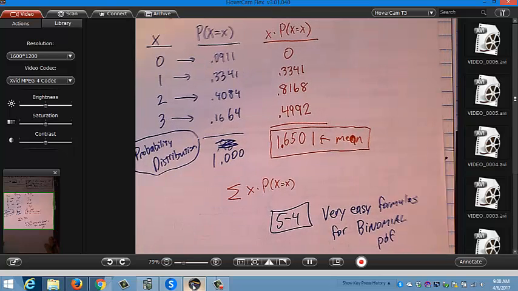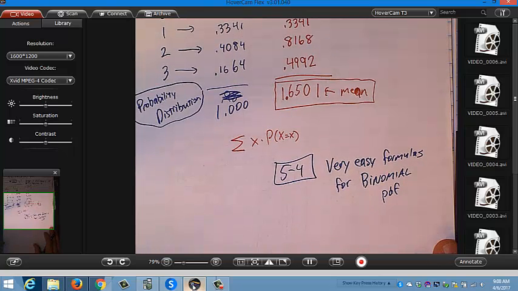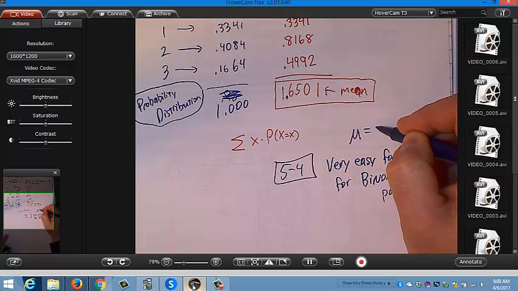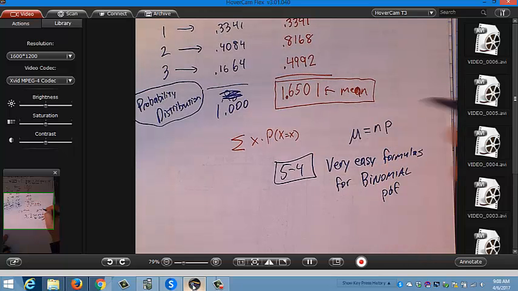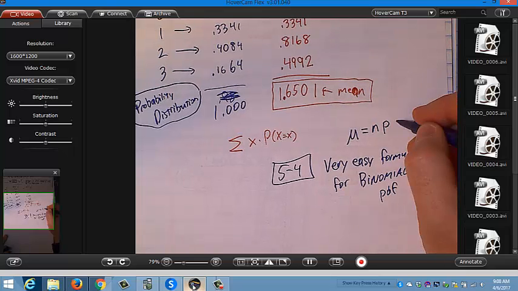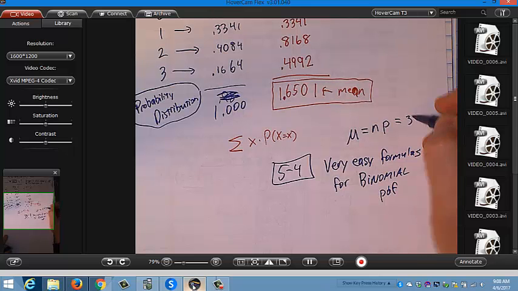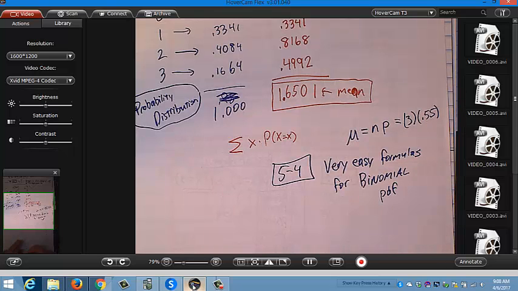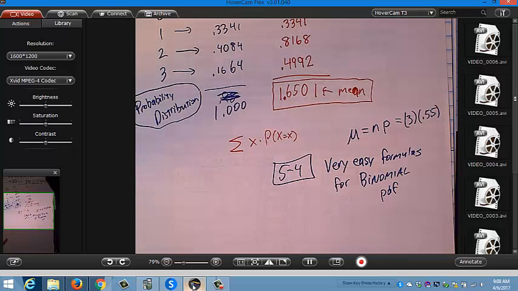And so the very easy formula we could use for this problem would be that the mean is equal to, as Dylan told me, n times p. Let's try that. What's n for us? 3. And what's p? Well, it was 0.55, right? Here, check out what I get if I do 3 times 0.55.